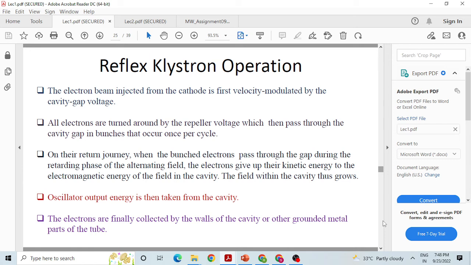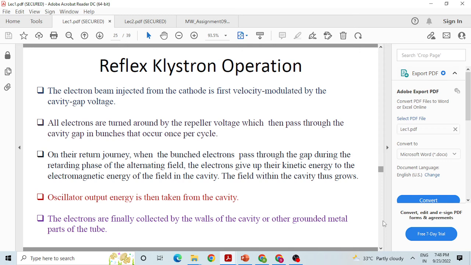And there is a repelling electrode which makes the electrons pass through the gap again. So the bunched electrons pass through the gap, and this creates some kinetic energy which is given to the field inside the cavity.